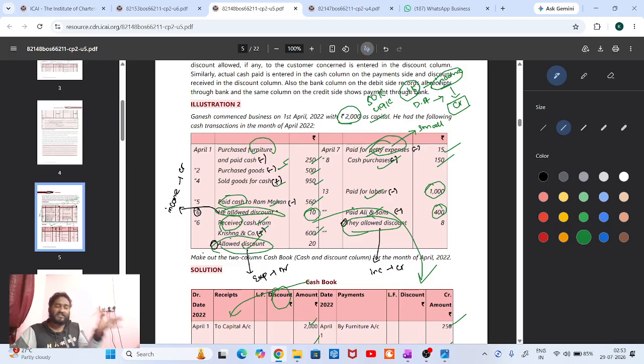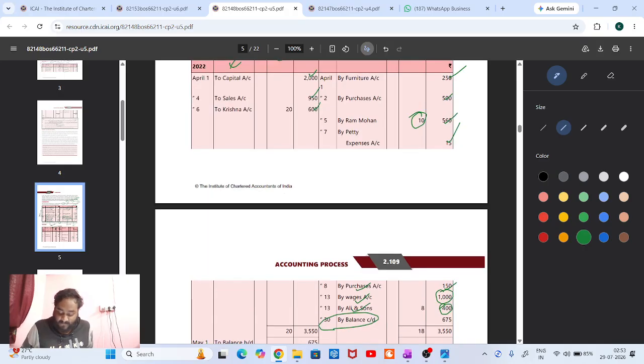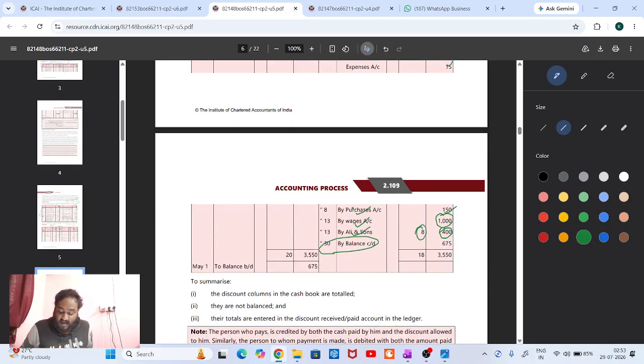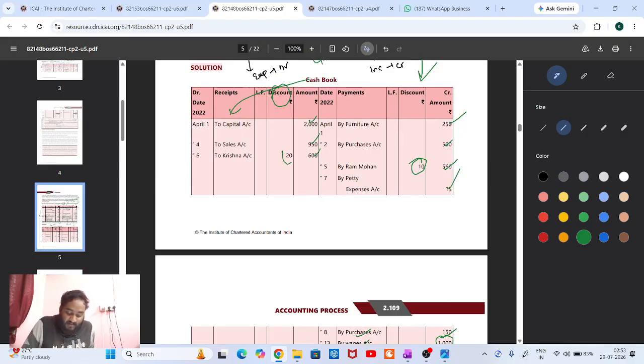Instead of receiving 50,000, I am receiving 49,000, which is a loss of 1,000 rupees, which can be considered as an expense, which is why it is debit balance. And this is the paid early instance. We have paid them and they allowed discount. This is also income, right? Income is credit balance.